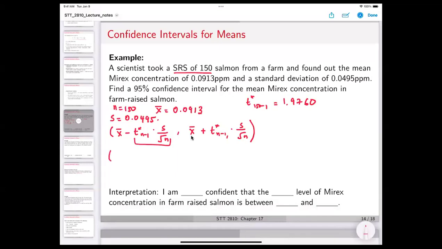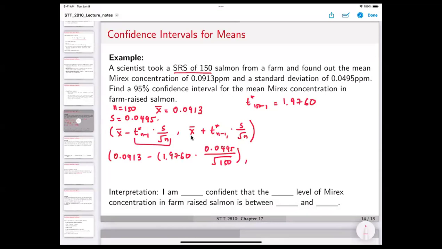So the X bar is 0.0913 minus the critical value 1.9760 times the sample standard deviation 0.0495 divided by square root of n, 150.